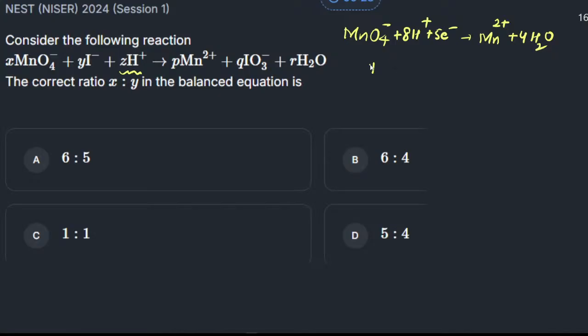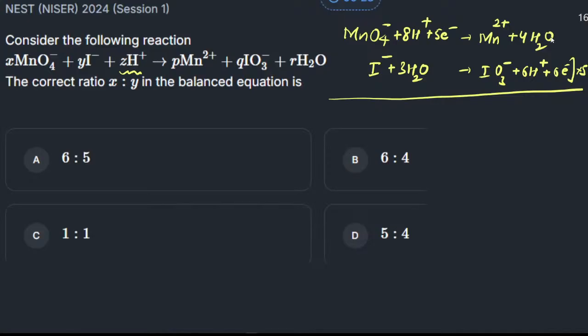At the same time, I negative gives IO3 negative: with 3H2O, it gives IO3 negative plus 6H plus and 6 electrons. So the first is multiplied by 6 and the second is multiplied by 5, giving 6 MnO4 negative with 5 I negative. Very good. So option A is correct.